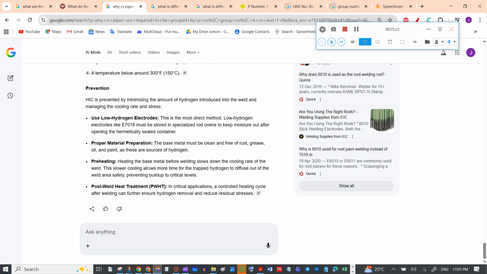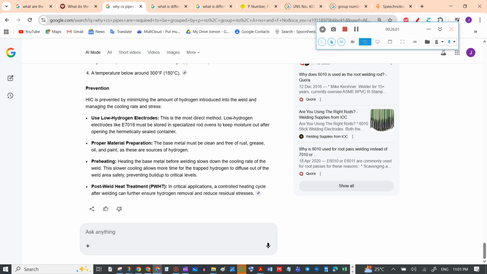Preheating: heating the base material before welding slows down the cooling rate of the weld. This slower cooling allows more time for the trapped hydrogen to diffuse out of the weld area safely, preventing the buildup of critical levels. So we use preheating to get a slow cooling rate.